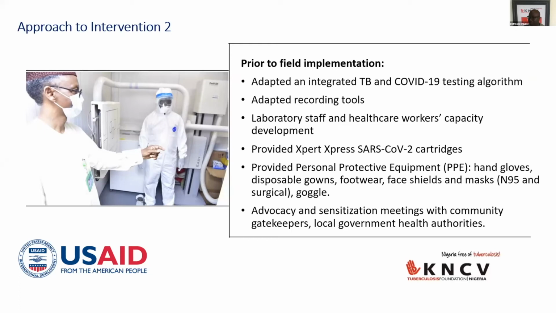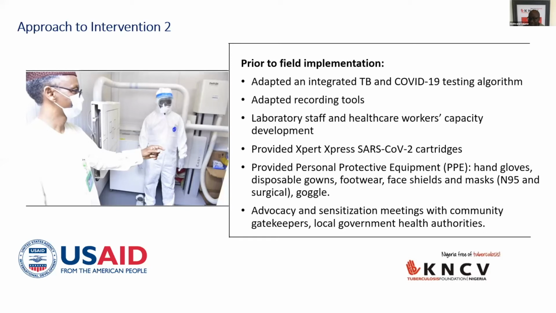This formed the basis and the tools needed for training of the laboratory workforce across all the states, not only the states we work in, but across other states in the country, because that opportunity offered the training of the lab staff following the approval of NCDC for the use of GeneXpert for COVID detection, and equally the availability of the Xpert SARS-CoV-2 cartridges in country needed for testing of COVID.